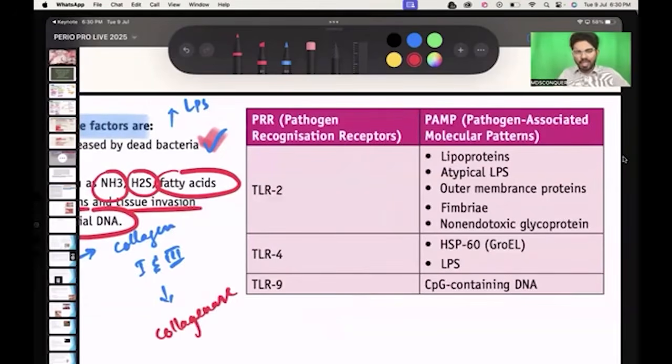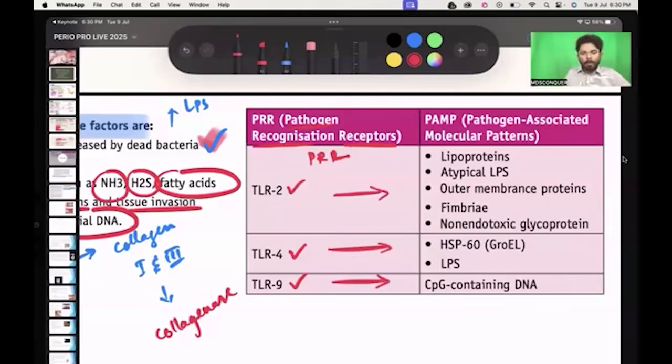Similarly, this is a table that is very, very important. Pathogen recognition receptors, that is PRR, split into TLR2, TLR4, and TLR9, which correspond to particular molecular patterns.